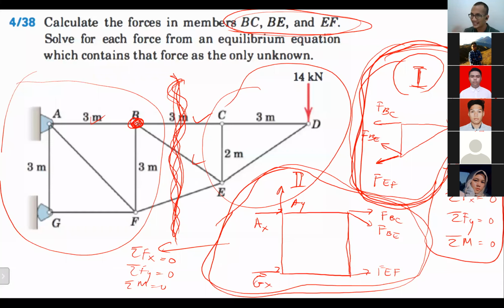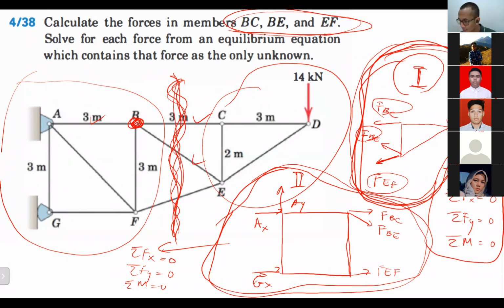I like doing it that way, because in statics, we always say that under tension is a positive force, and under compression is a negative force. That's what we normally do. That's why I always assume everything is in tension. For example, like this: FBC is tension, FBE tension, FEF tension.